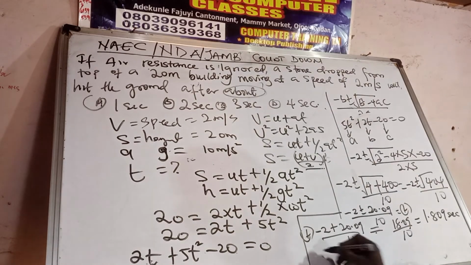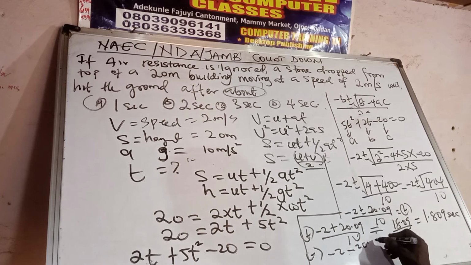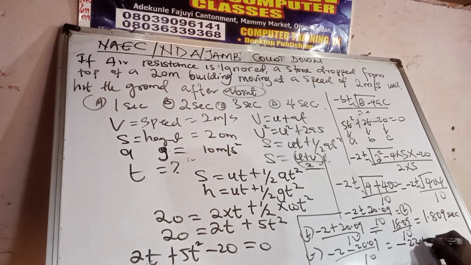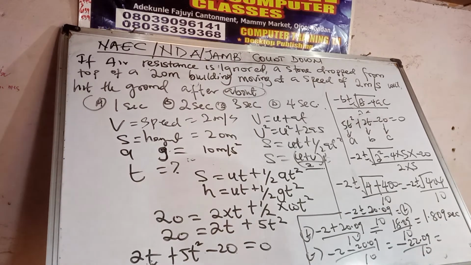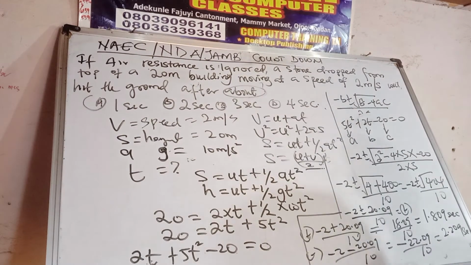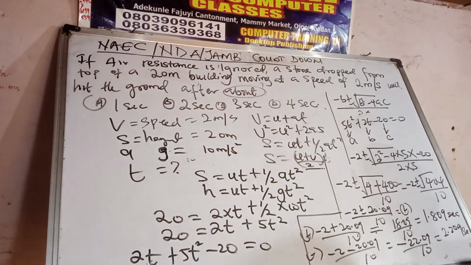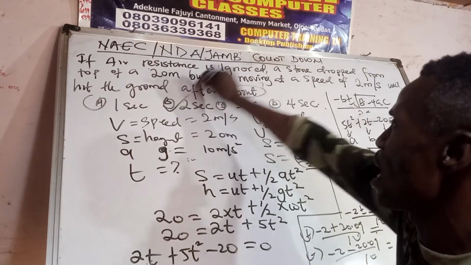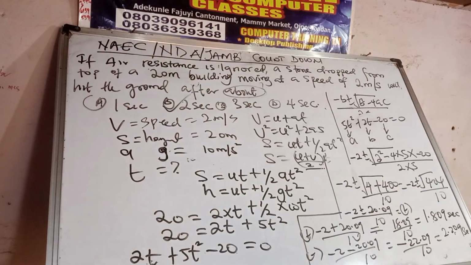Now when it is minus, you have minus 2 minus 20.09 divided by 10, which is minus 22.09 divided by 10, giving 2.209 seconds. Remember the question said about, so if we round this up to the nearest whole number, this gives me 2. So definitely our answer is 2 seconds. Thank you very much.